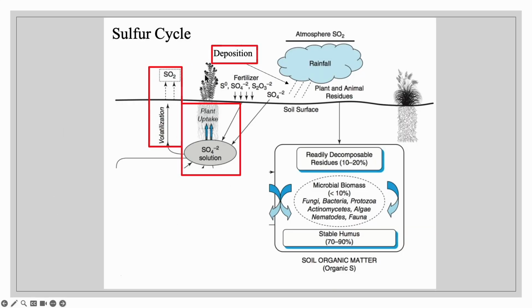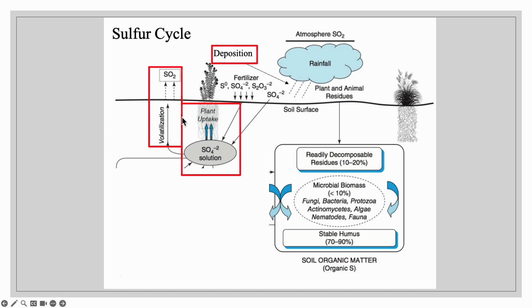All right, so for our sulfur cycle, you'll see that this is a lot less than our nitrogen cycle. We have deposition, whether it be atmospheric deposition or we apply some sort of fertilizer or manure, there's going to be sulfur in that. That is then going to eventually be sulfate in the soil. That's the plant available form. And then plants will take sulfate up.